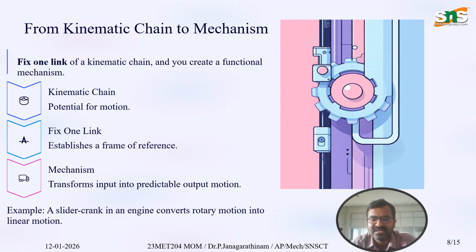For example, a slider crank in an engine converts rotary motion into linear motion, because in the slider crank mechanism we give the crank angle rotary motion, and the piston moves back and forth in a sliding pair, converting rotary motion into linear motion.